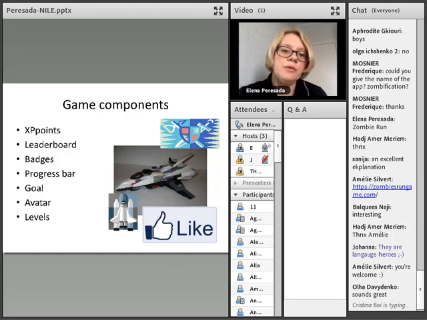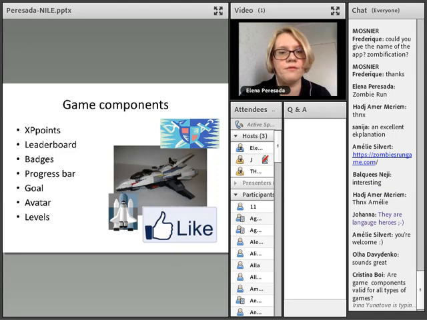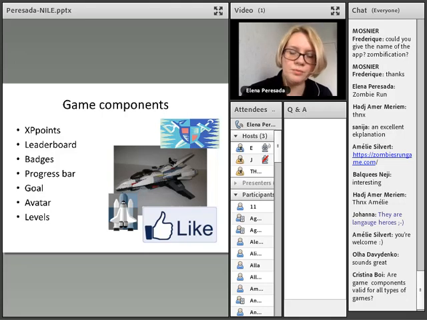For our first game we used a Lego spaceship. At the end of each lesson, students could buy one piece of Lego using their experience points. One piece of Lego costs like 5 points, and if one student had only 2, another 3, they could just put them together and buy a piece of Lego.